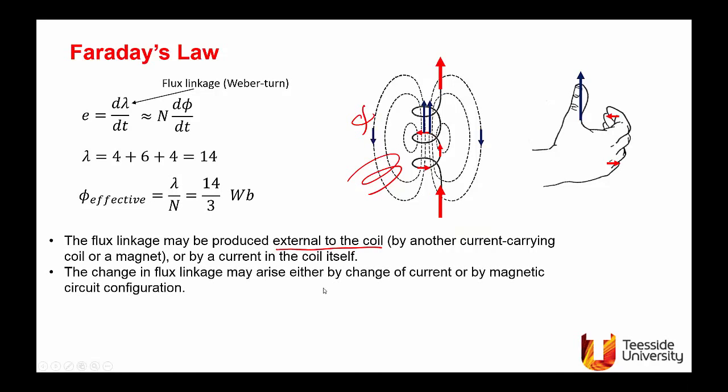The change of flux or flux linkage can be either by changing the current or by changing the magnetic circuit configuration. Why?